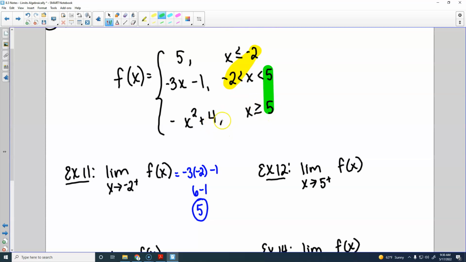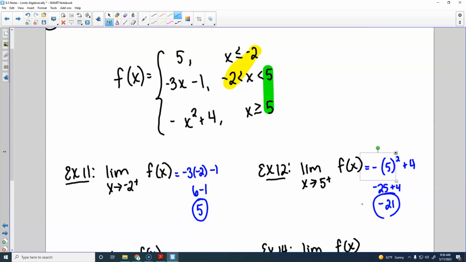It's going to be the last function there. So we would just do direct substitution. So we would just plug in -5 squared plus 4. So we get -25 plus 4. So we get -21. There. So that's our limit from the right-hand side.